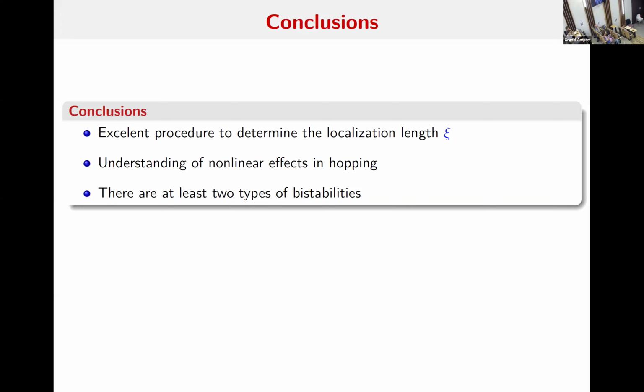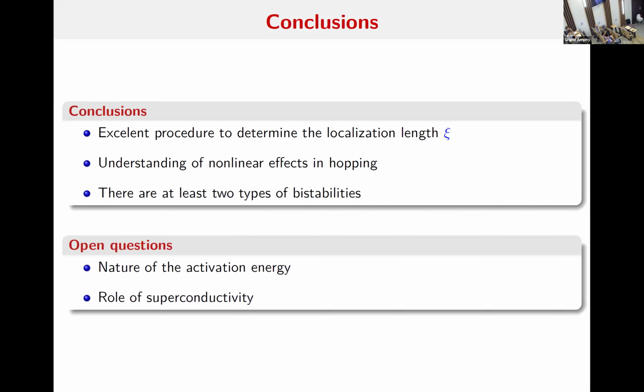So the message, as I said before, is that there are two types of bistabilities that look similar, but they are really different. And the last thing is, I think, two main questions. One is why everything is activated. It's necessary to be activated to see these big jumps.